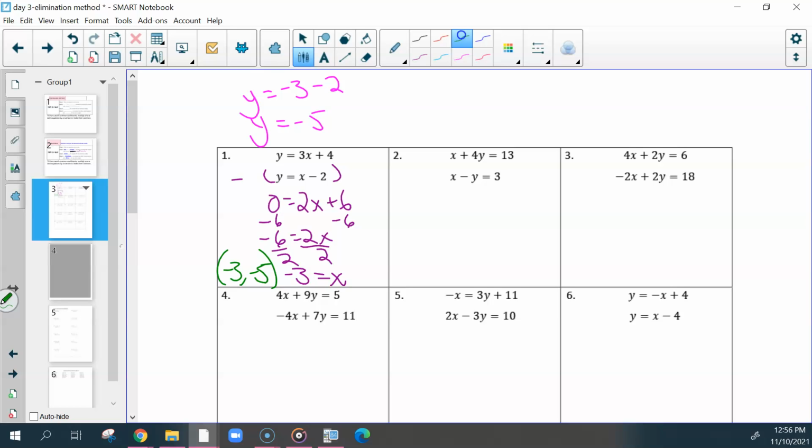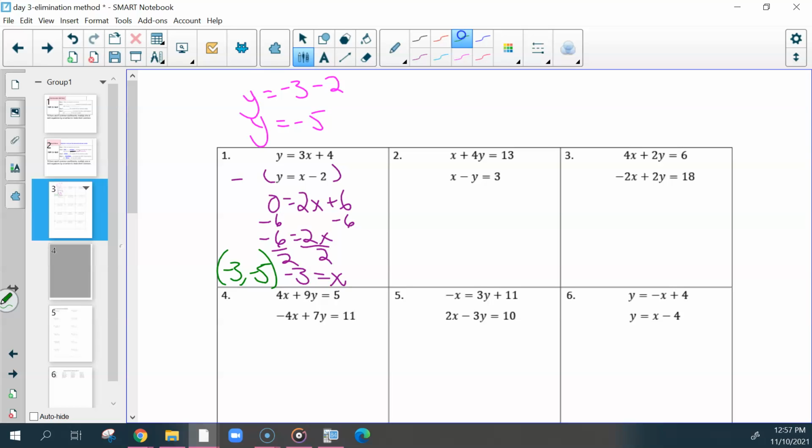Anyone have questions on how we got that answer, that process? We're going to go on to the next example, number 2. Number 2's equations are not in slope intercept form like number 1's were, but that's okay.